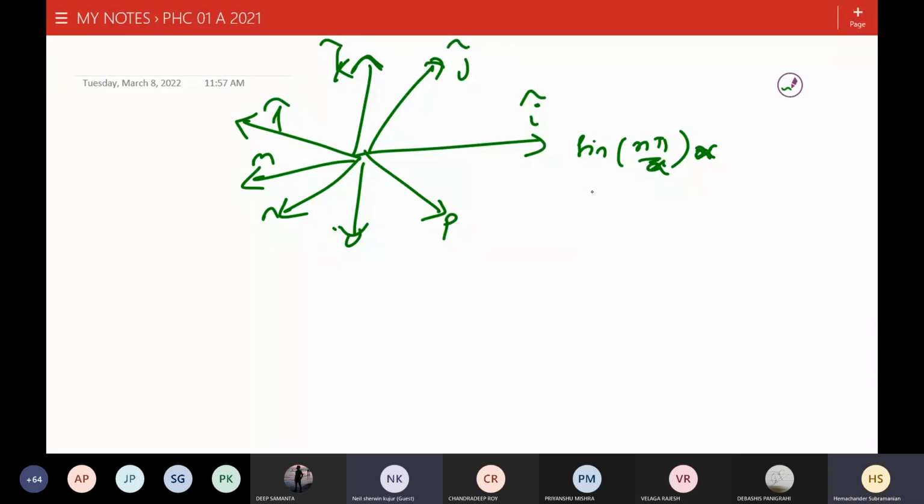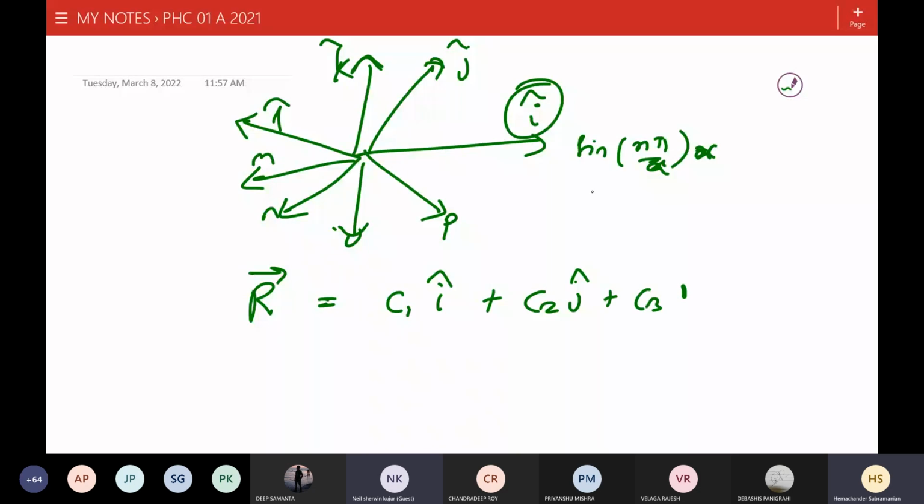Now if I want to find a general r vector, what would I do? I take some amount of i, C1 i plus C2 j plus C3 k plus C4 l, and so on. This is my general vector, right? Am I right? So basically my i is a sine function.